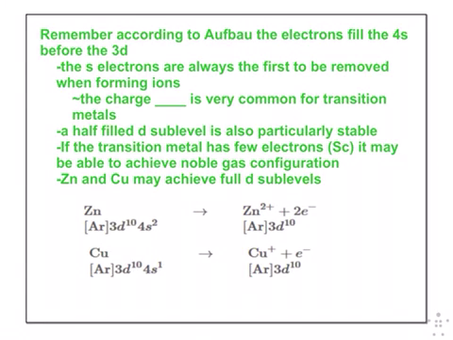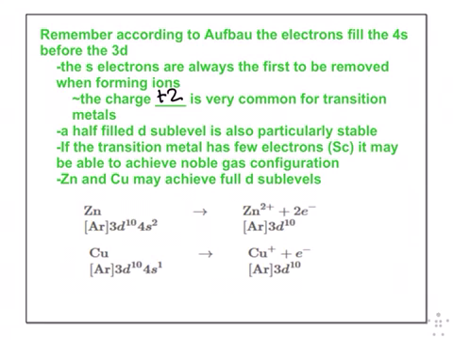So, remember, according to Aufbau, the electrons fill the 4s before the 3d. The s electrons are always the first to be removed when forming ions. The charge then makes 2 plus, very common because there's 2 electrons in that 4s level. So we can remove or add electrons to the D sublevel.